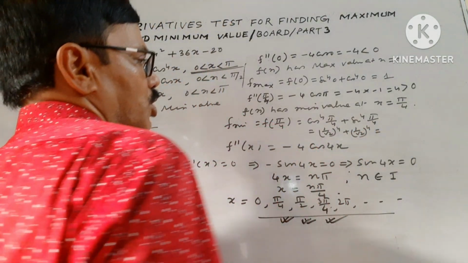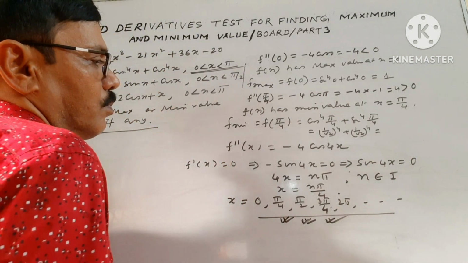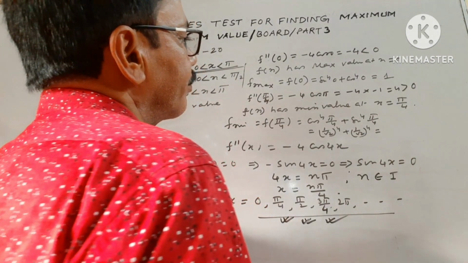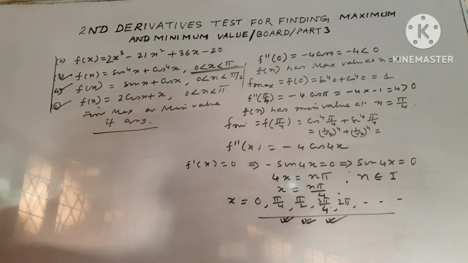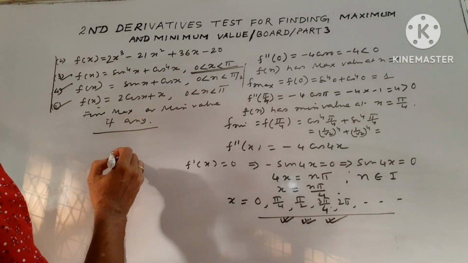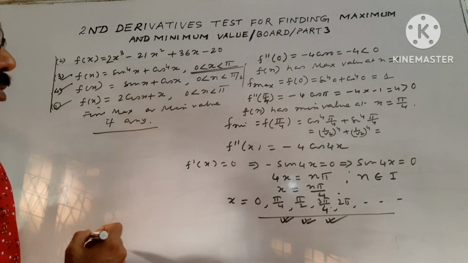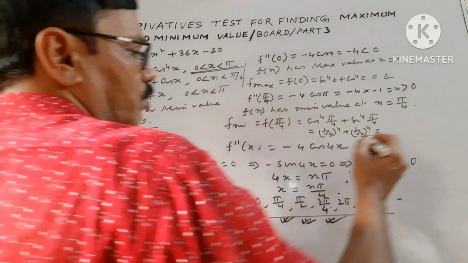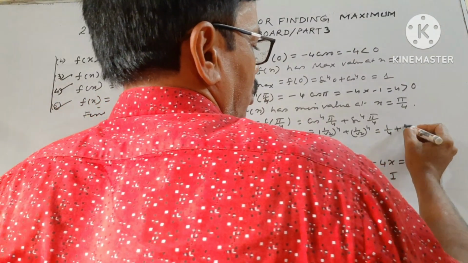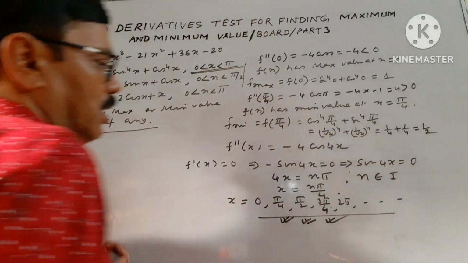So 1 by root 2 square is half, so 1 by 4 plus 1 by 4. So this is half.